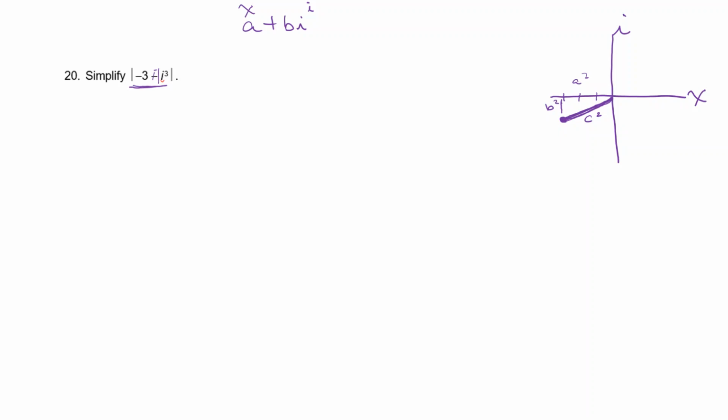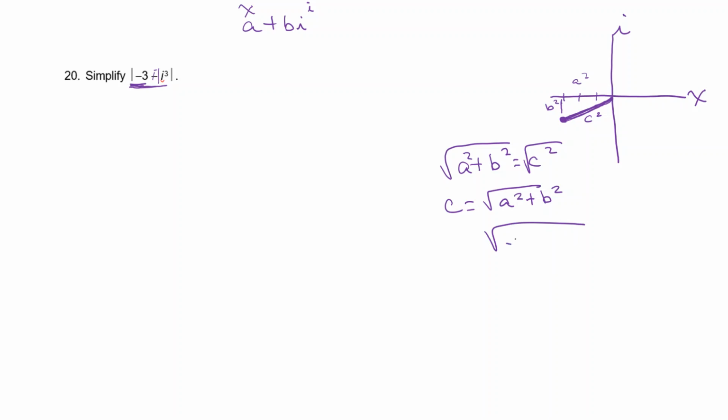All right, but I want to solve for c, so I'm going to square root everything. So I know that c equals the square root of a squared plus b squared. On this problem, I went to the left 3, so we're going to call that our a.